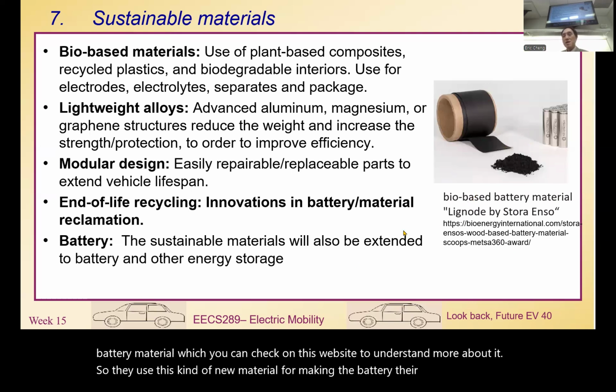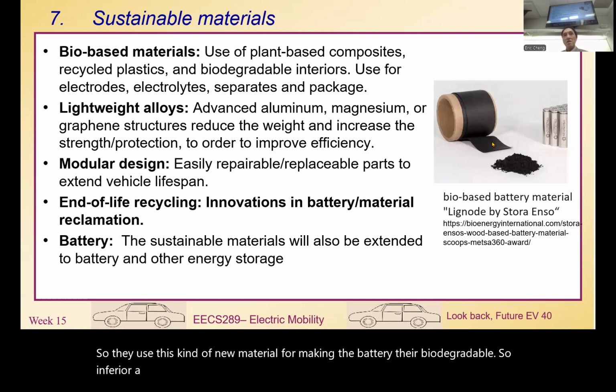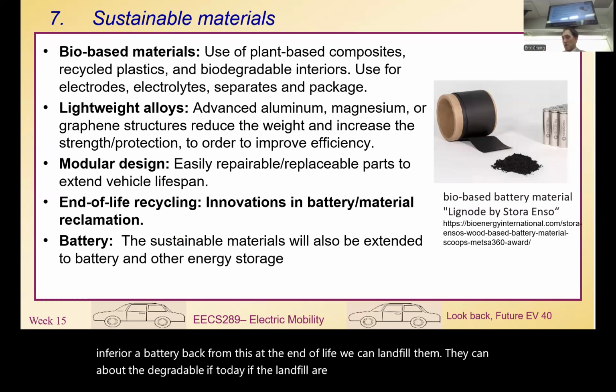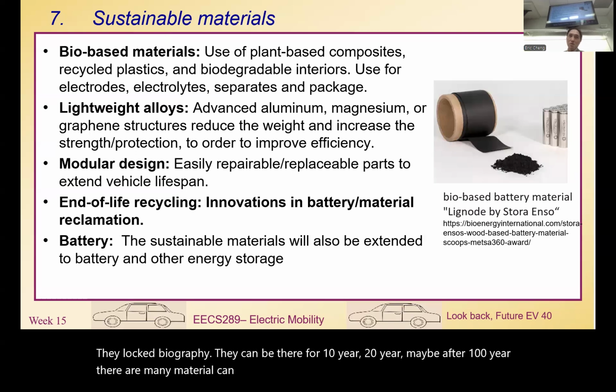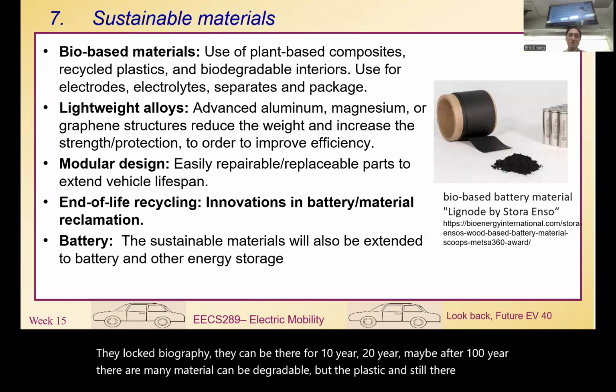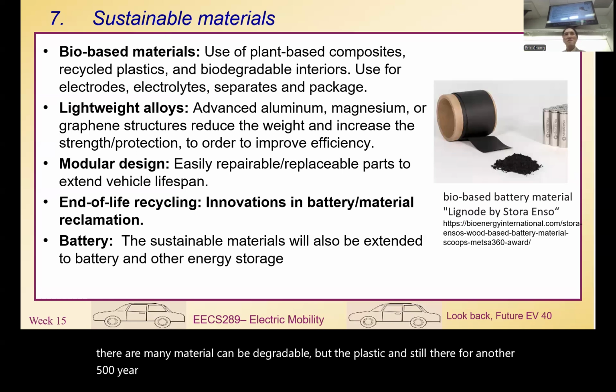So in theory, a battery made from this, at the end of life, we can landfill. Today, if you landfill a battery, it is not biodegradable. It can be there for 10 years, 20 years. Maybe after 100 years many materials can degrade, but the plastic is still there for another 500 years probably. That is not something we like to hear, right?